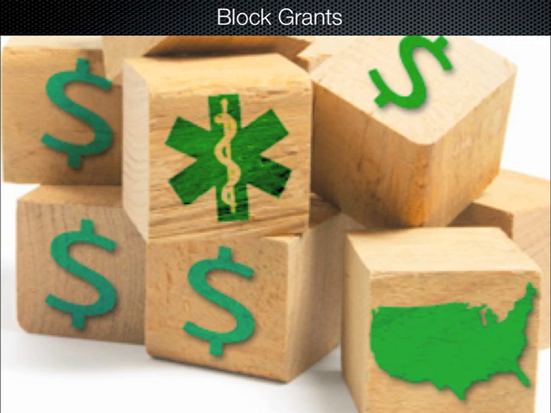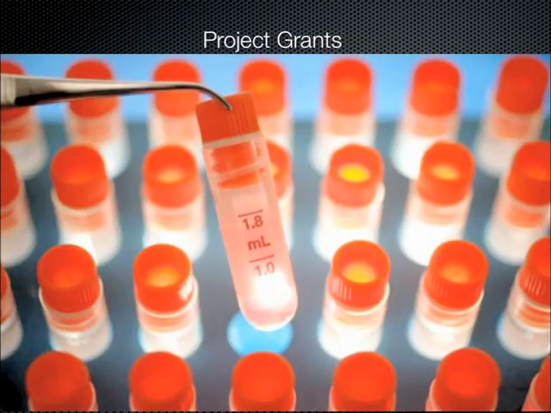Block grants often are granted with fewer strings attached. Project grants are provided to states, localities, and sometimes private agencies that apply for them. They are used for a variety of purposes, ranging from medical research to job training and employment programs.